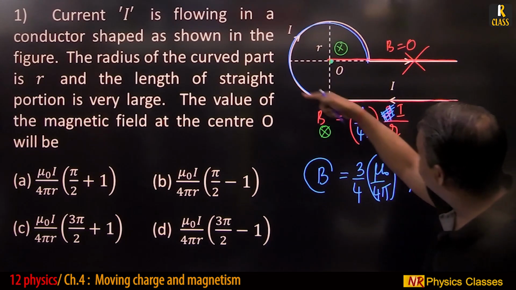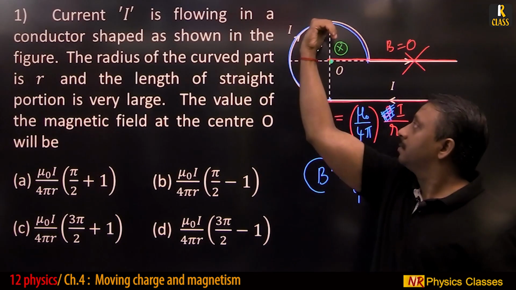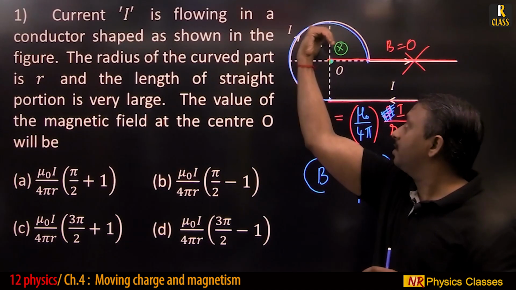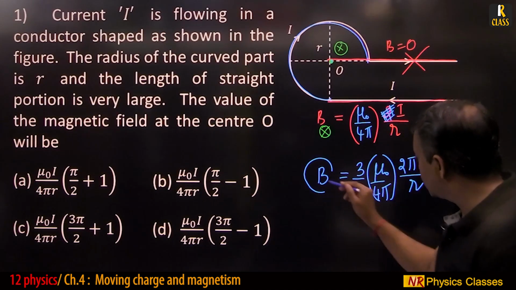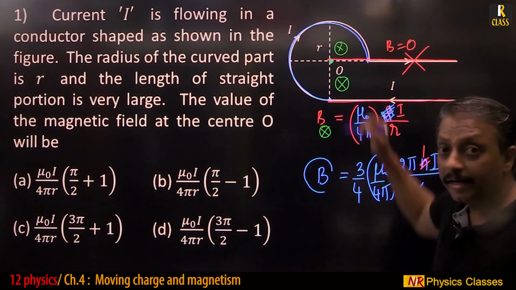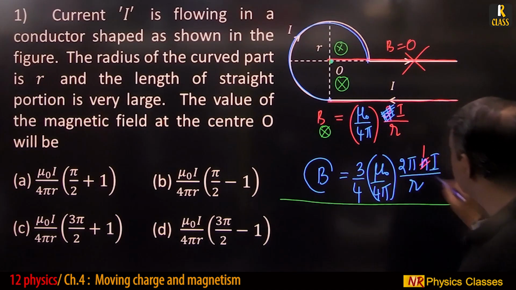Now, because of this arc, the curvature of the right hand fingers should be in the direction of current, then the thumb gives the direction of the magnetic field. So this second magnetic field is also into the board. These two are into the board, so they are added. The resultant is the sum of these two.